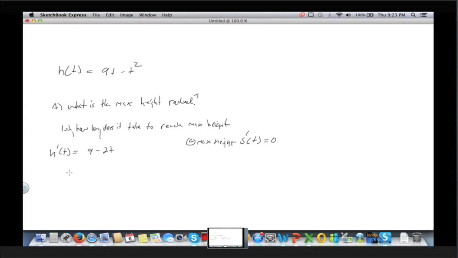And the velocity is 0, so 9 minus 2t equals 0. So negative 2t equals negative 9. t equals 9 over 2. Okay, so now we can plug that back into h of 9 over 2, which equals 9 times 9 over 2 minus 9 over 2 squared.